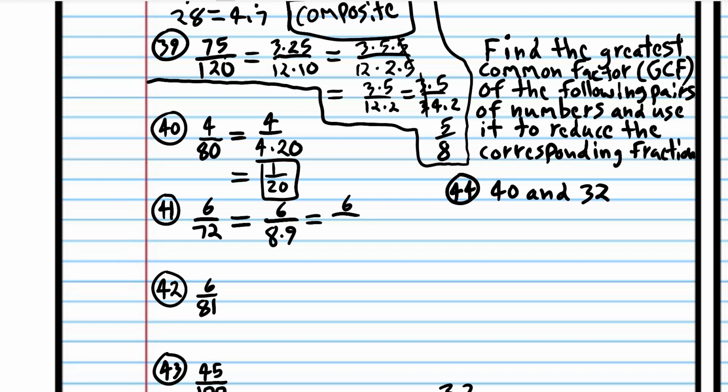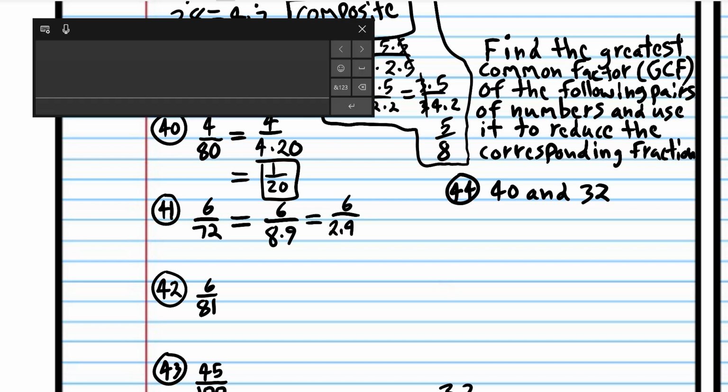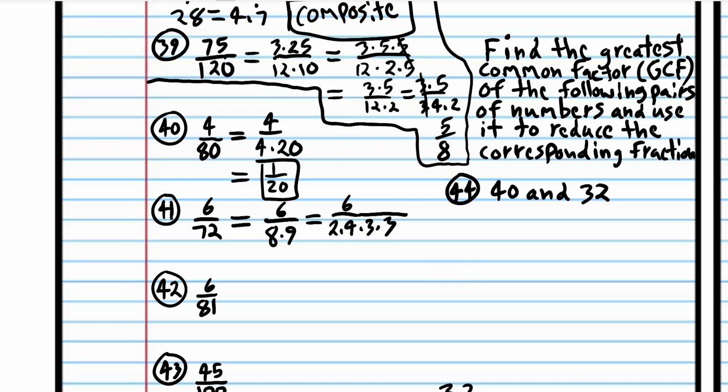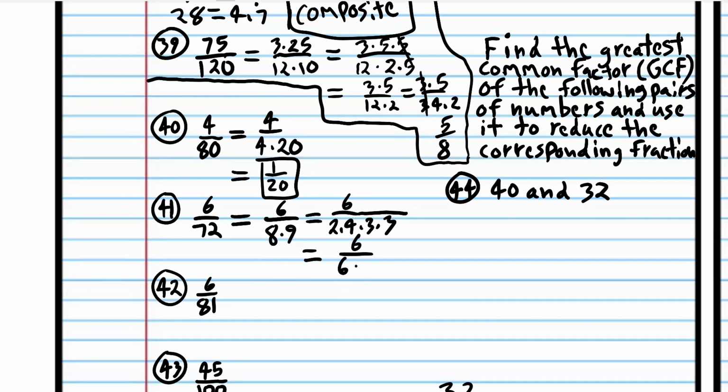So we don't have a 6 on the bottom, but if I factor 8 to 2 times 4 and 9 to 3 times 3, and then I recombine, I take a 3 that I got from 9 and a 2 that I got from 8, and I combine them into 6. Now we have a common factor.